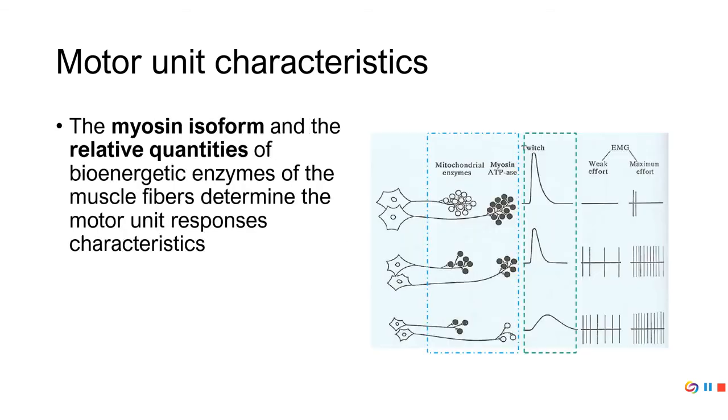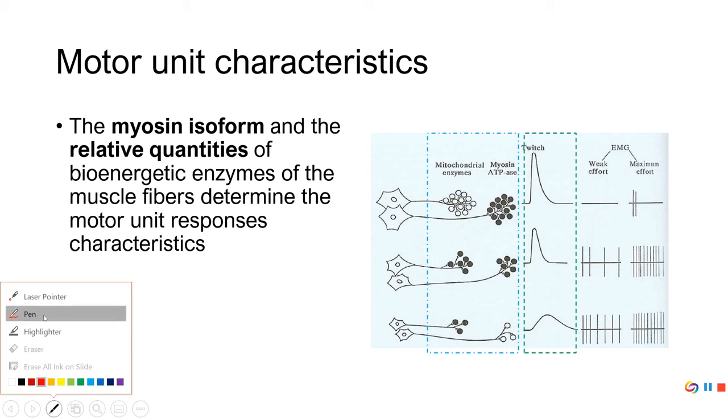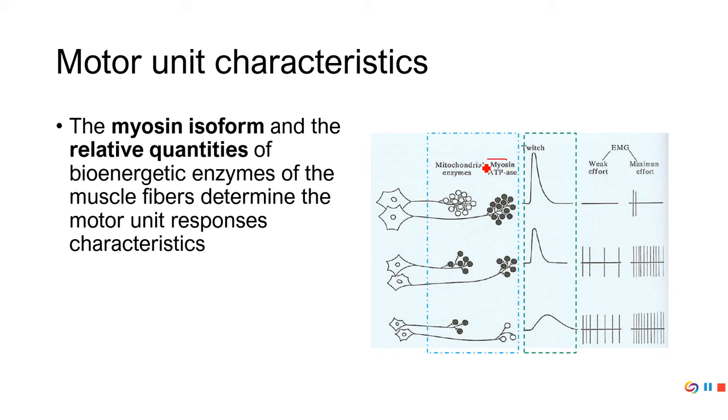And so the main characteristics that do this are the type of myosin isoform, and really what it comes down to is the type of myosin ATPase, okay, which is shown here. And remember, ATPase is an enzyme that breaks down ATP. And so the faster we break that down, the more muscle contraction that we can have, because cross-bridge cycling will happen more often.